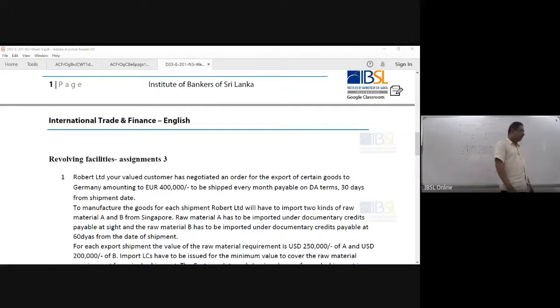Therefore, bank will have to grant short-term import loans at least for 2 import shipments.